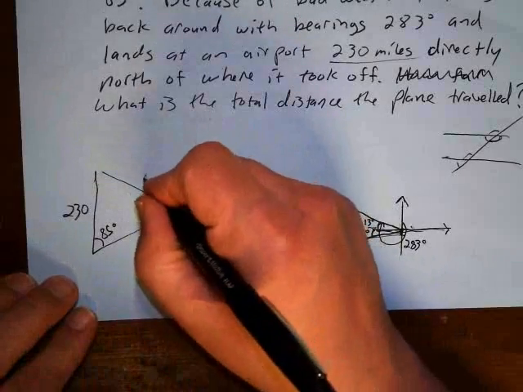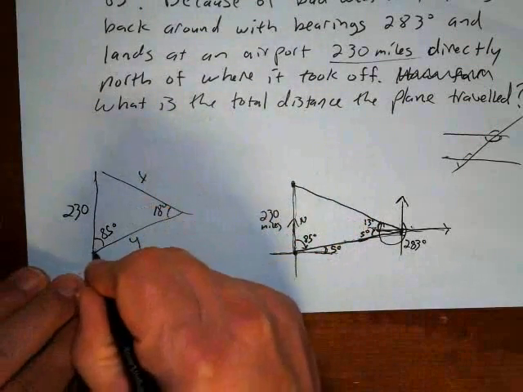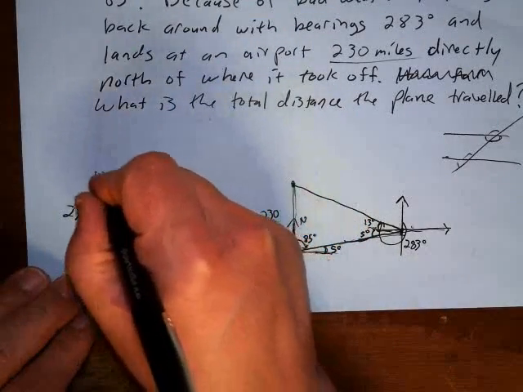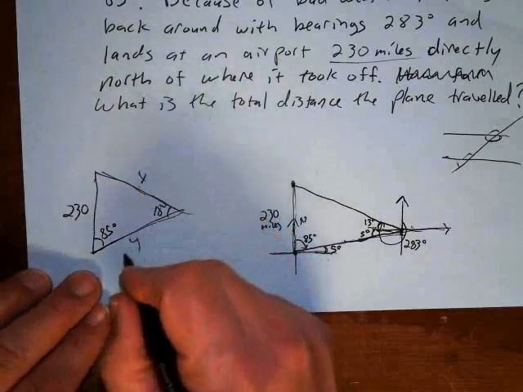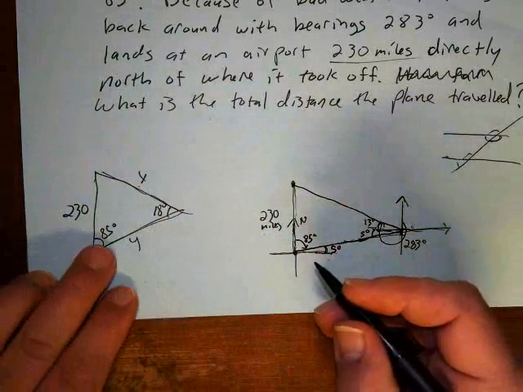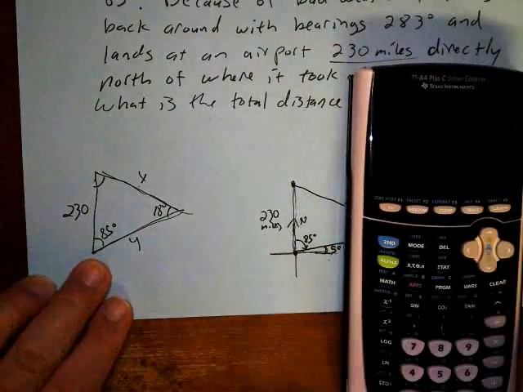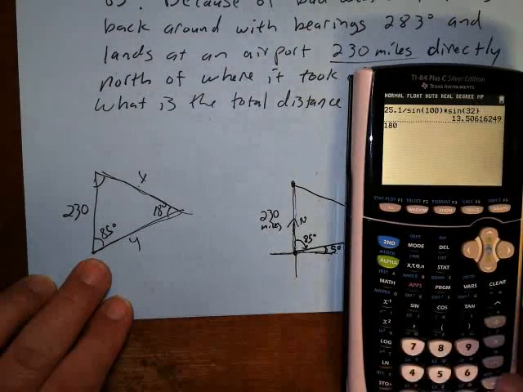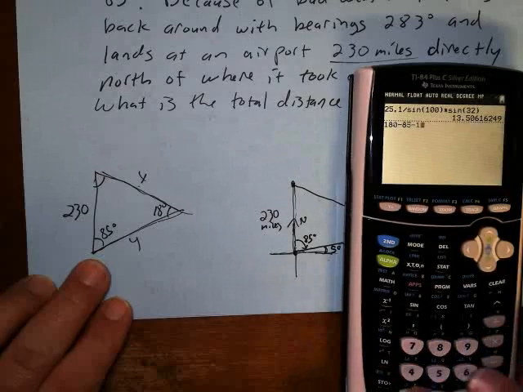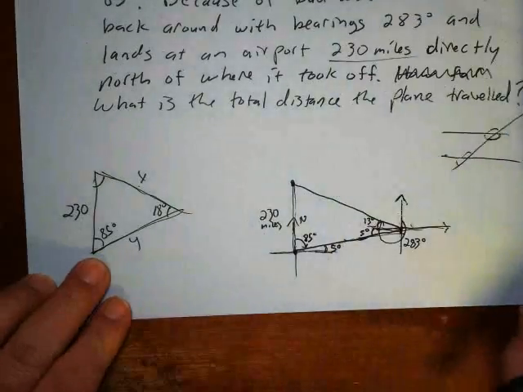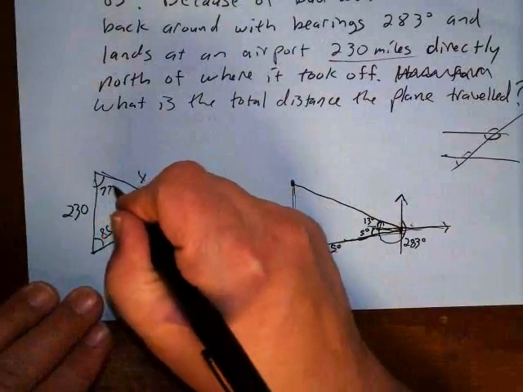And so now I can call this X and this Y. So I traveled from here to here, turned around and went back there. I want to know how far I traveled, so I want to know X and Y. Now I'll need to know this angle here. So 180 minus 85 minus 18, that angle here is 77 degrees.